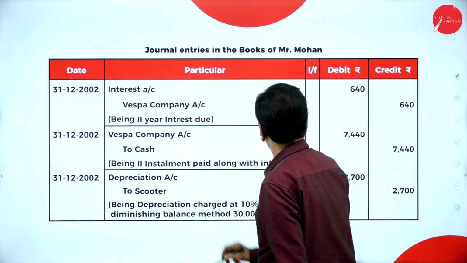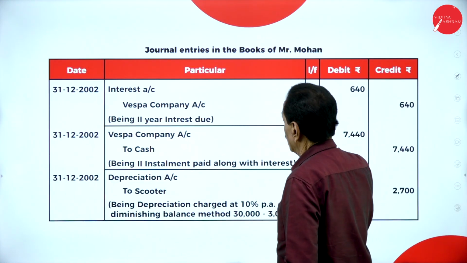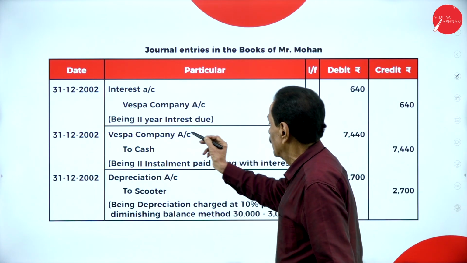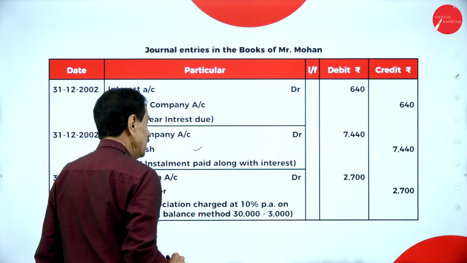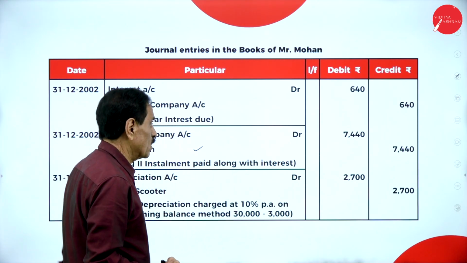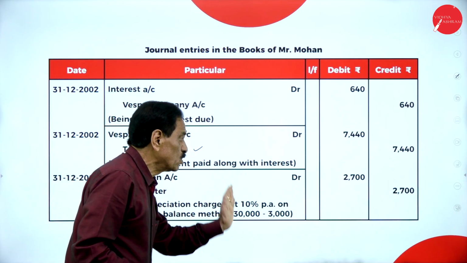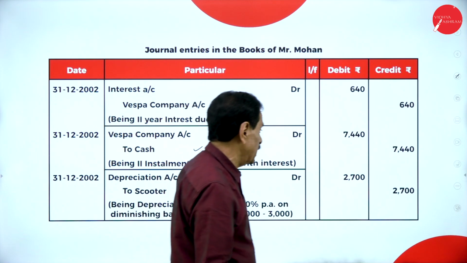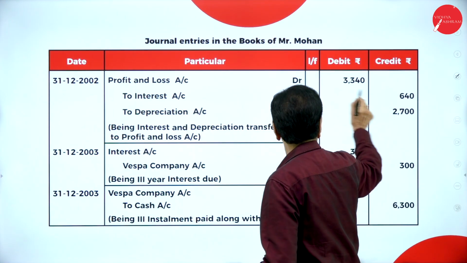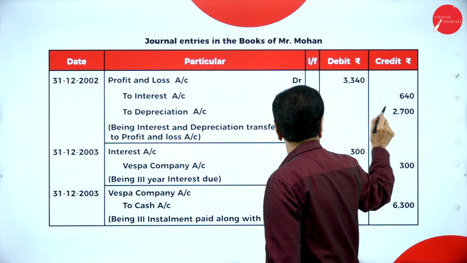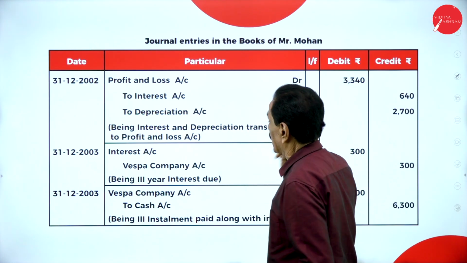Then second year, interest account debit to hire seller account. Then Vespa company account debit to cash account. Second installment, depreciation account debit 2,700 to scooter account 2,700. Then transfer entry, profit and loss account debit to interest account to depreciation account.